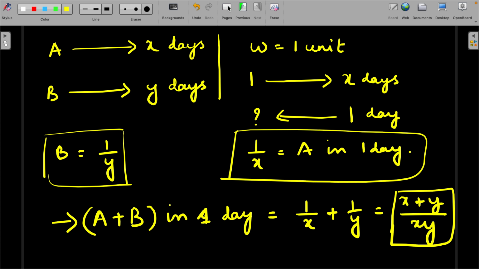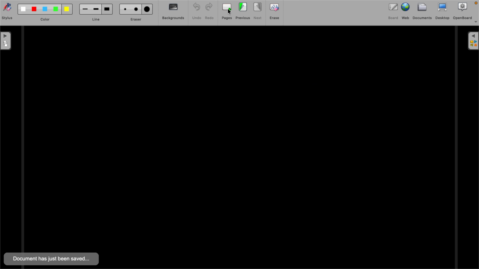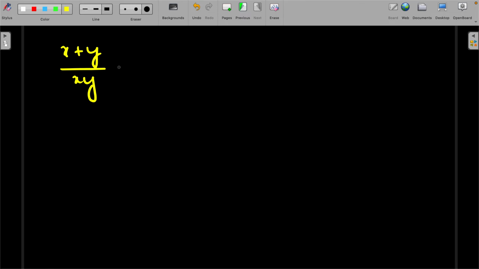Now the final question is, how many days will it take to complete the same work if they work together? In the previous step, we found that (X plus Y) by XY is the work done in one day. What is the total work? 1 unit. 1 unit can be done in how many days?